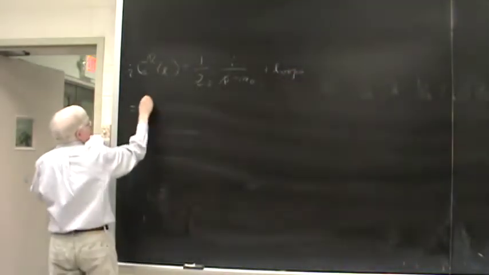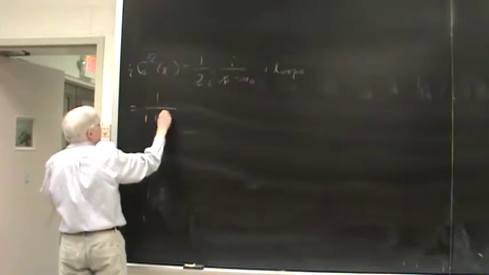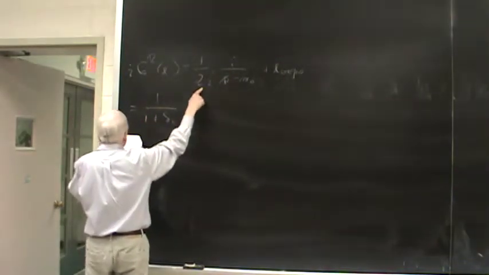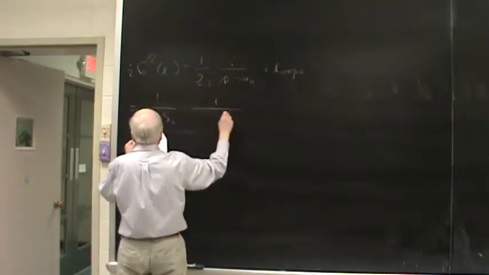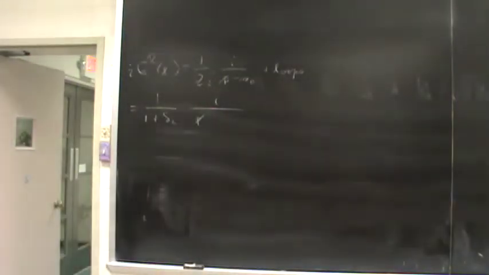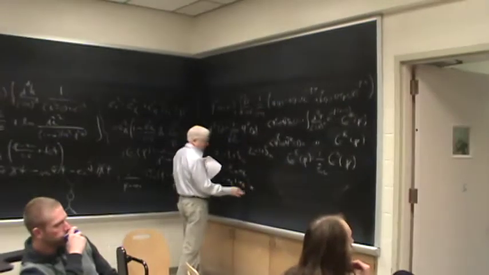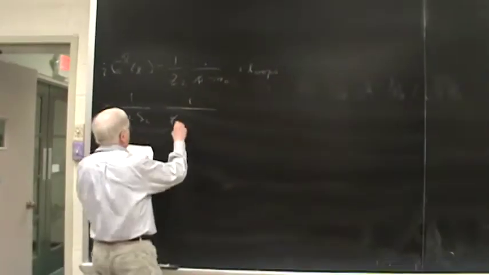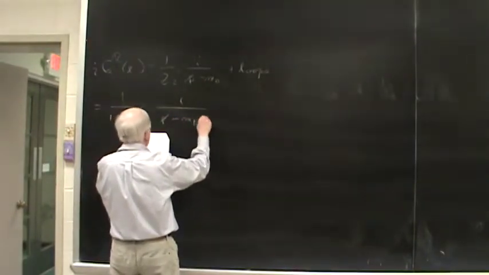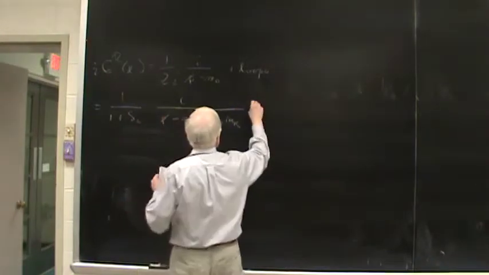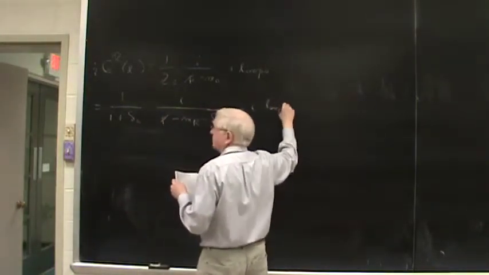And so what is this? This is 1 over 1 plus delta 2. That's what Z2 is. And this one is i over P slash, and now M0 is MR plus MR delta M, plus loops.